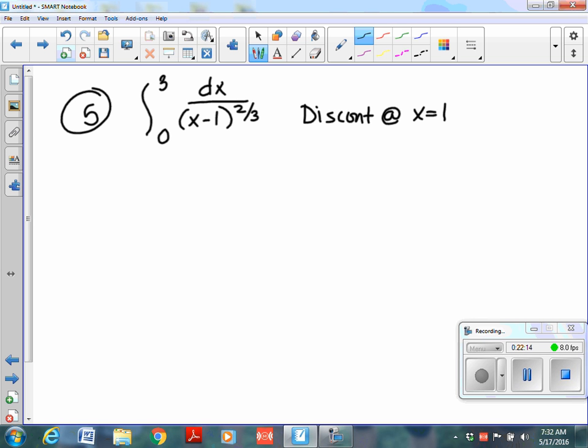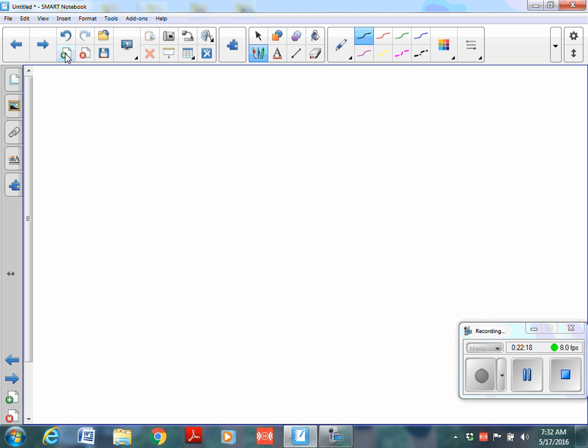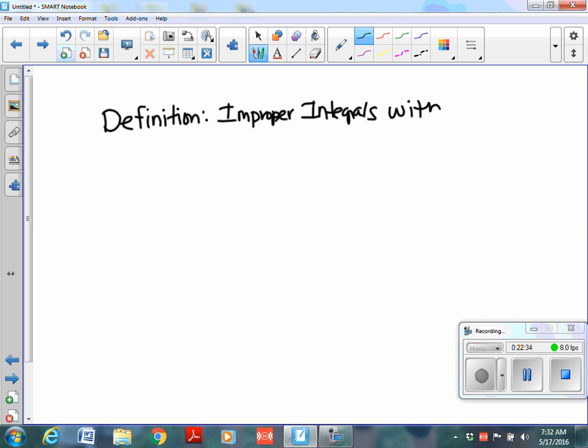So let's go through the rules. So let's add another rule, and let's go through all the definitions of improper integrals with infinite discontinuity.